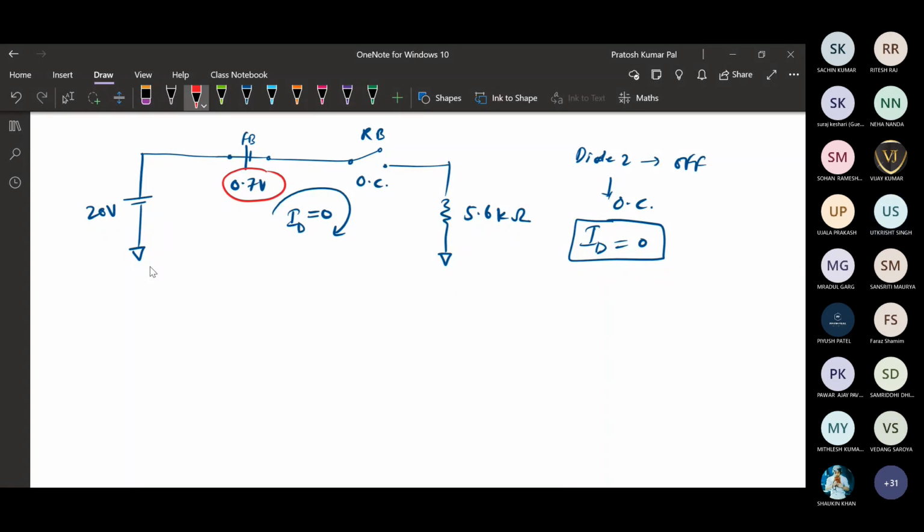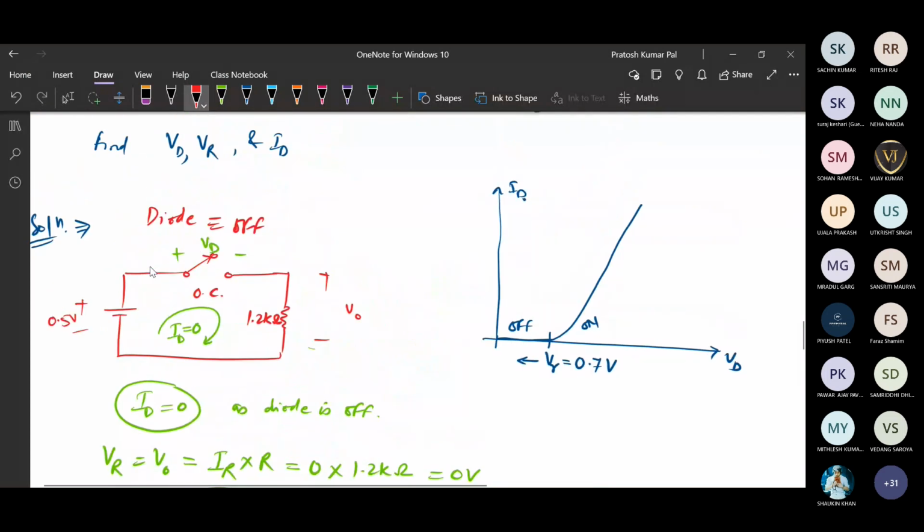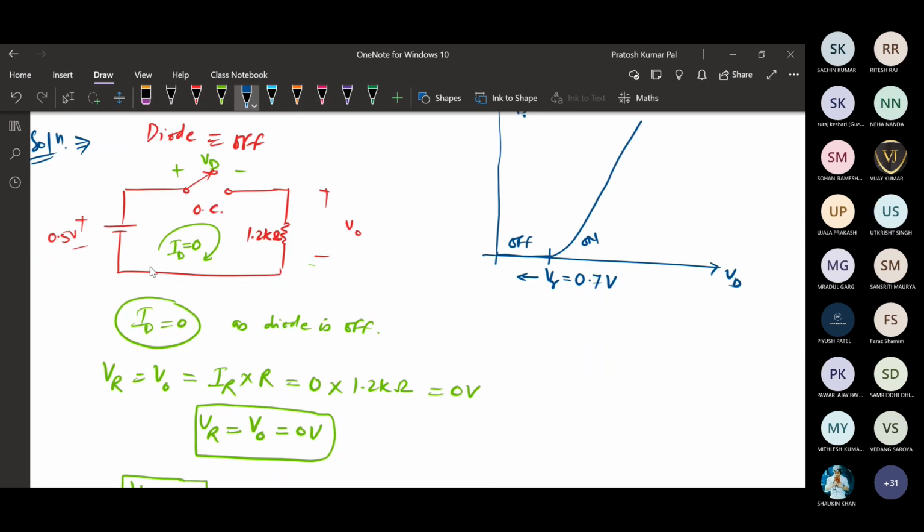But it is connected to a positive terminal voltage. In the previous case we have just seen, here it is in on mode, in that we have applied some positive voltage. If it is in on mode, the current ID will not be equal to 0.